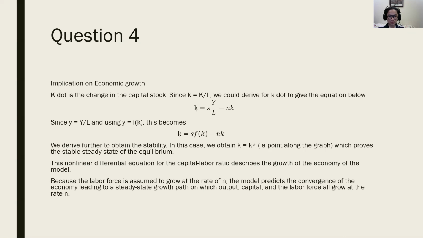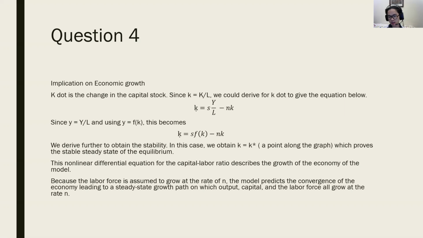So after substitution and so on and so forth, we get the equation here. K dot is equal to s times Y over L minus nk. Right, and then since the assumptions say that small y is equal to big Y per L, and using f equal to f of k, this becomes K dot is equal to this.